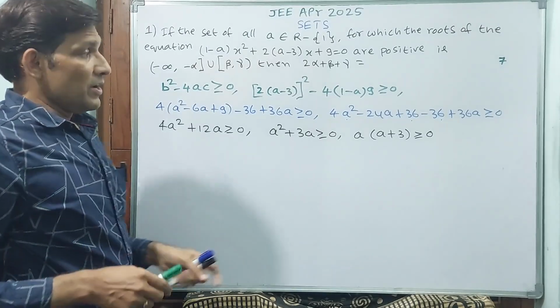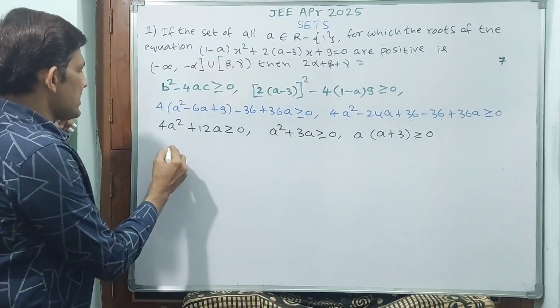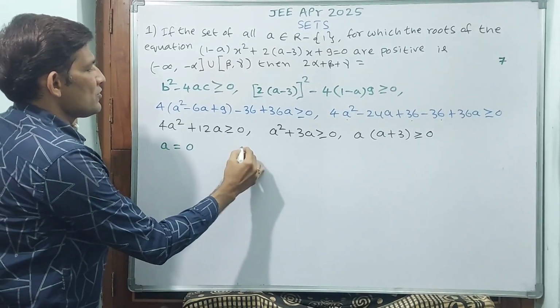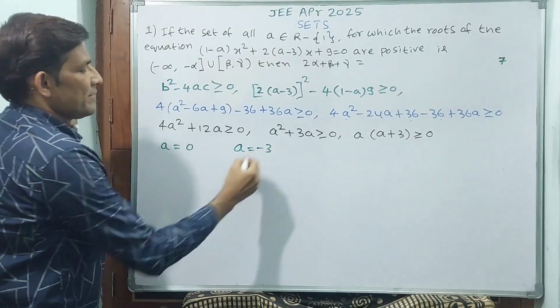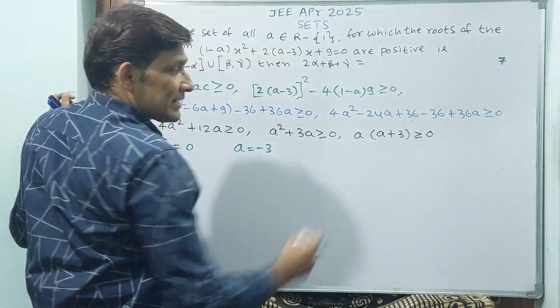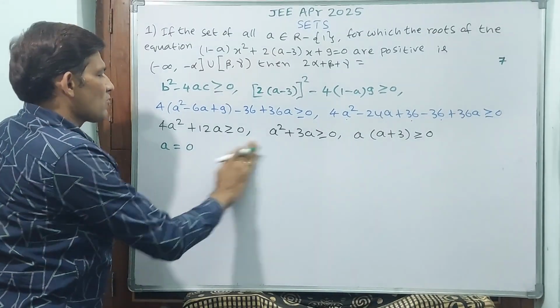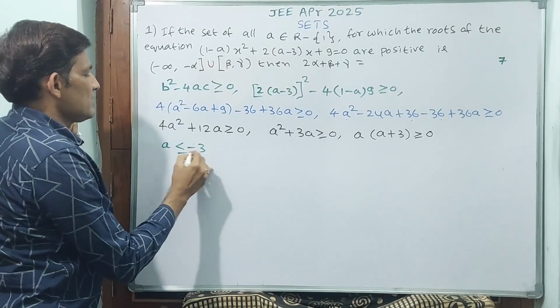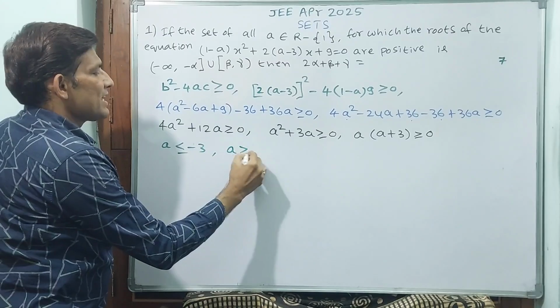See, if greater than were not there, then the values would be a equal to 0 and a equal to minus 3. But because greater than is there, you have to write it like this: a is less than or equal to minus 3, or a is greater than or equal to 0.